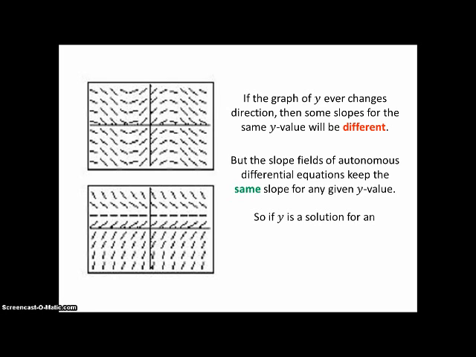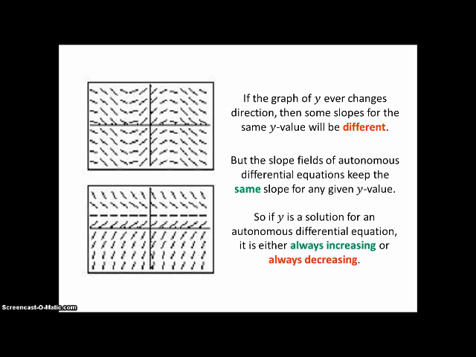So if y is a solution for an autonomous differential equation, it is either always increasing or always decreasing. And so we just arbitrarily pick 0 for x and take a look at that slope, and if it's positive, then we know that the graph of y is always increasing, and if it happens to be negative, then it'll be negative always for that y value, and so the graph can't change directions, and so therefore it's always decreasing.